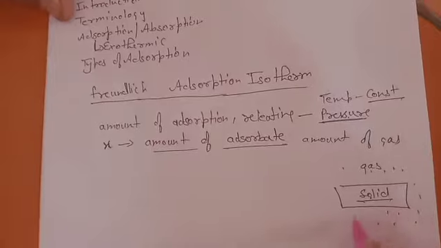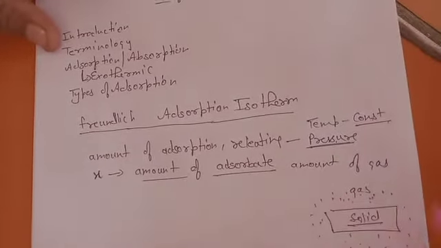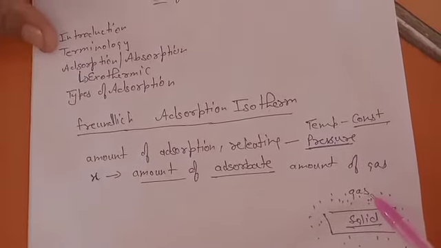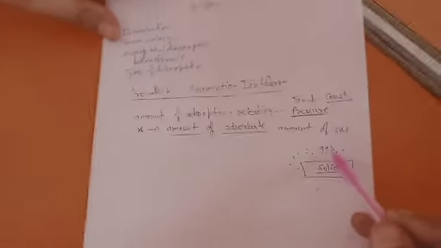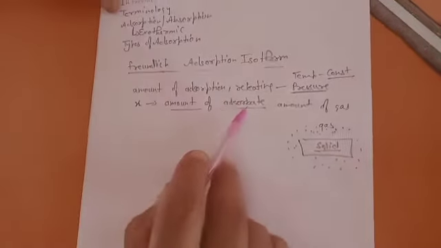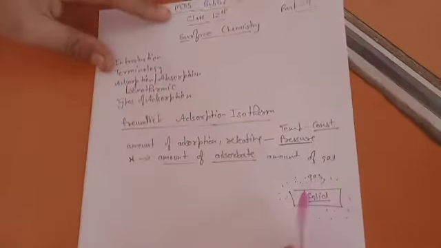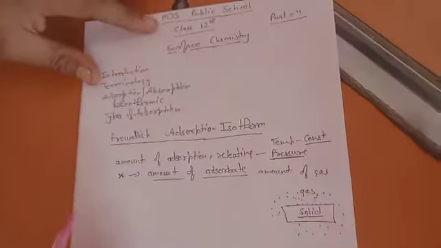The adsorbent is solid and the adsorbate is in the gaseous state. So x is the amount of adsorbate, that is, how much gas gets adsorbed on the surface.